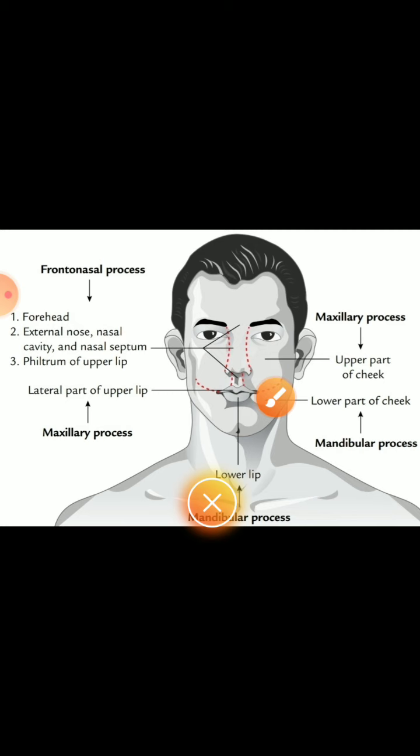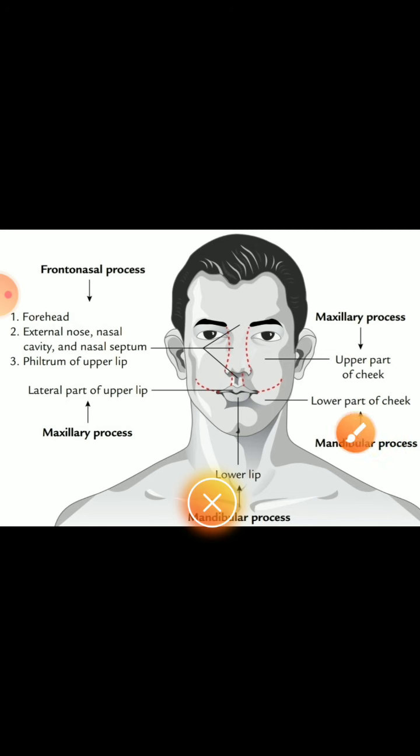Similar to these gross features, the face develops from three sources, or three processes or swellings, present around the primitive mouth. Number one, frontonasal process. Number two, maxillary process, there is a pair of maxillary processes. Number three, mandibular process.